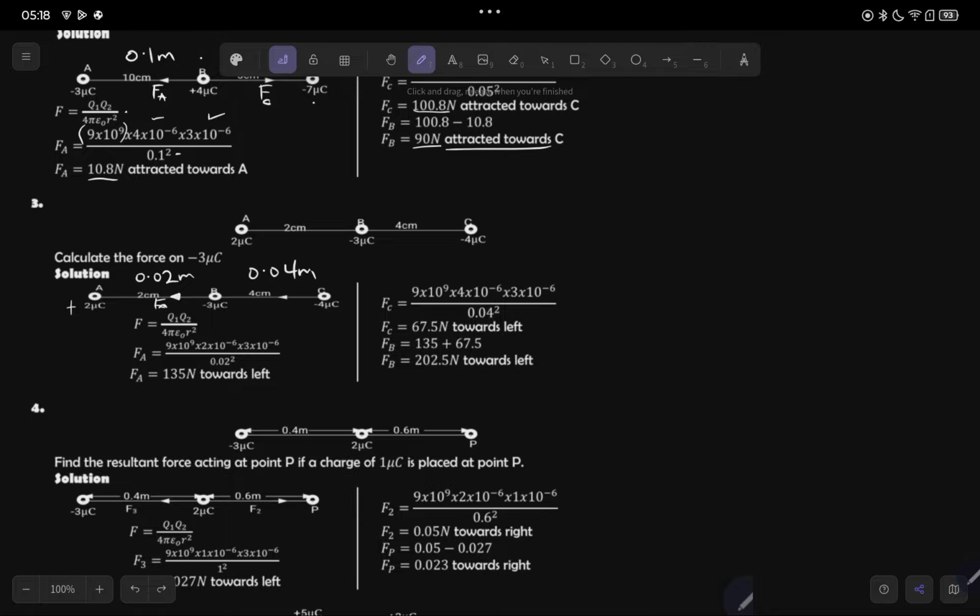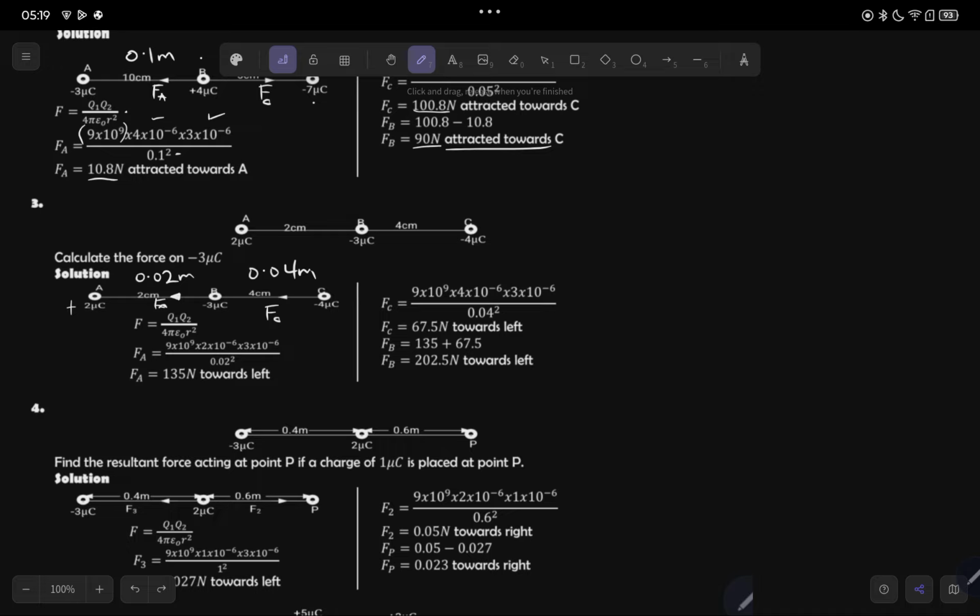Then the negative 4 microcoulomb will push away the negative 3 microcoulomb. It is a pushing force. It's a repulsive force because they are like charges. That becomes the force due to C. So both forces are pointing towards the left, trying to push the negative 3 microcoulomb to move leftward.